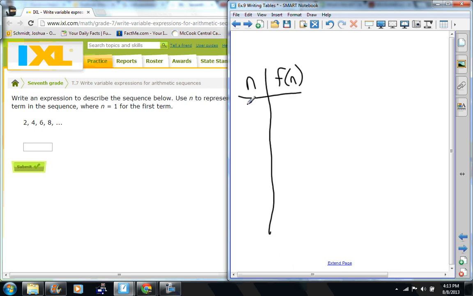So in this case, our n has to be 1, 2, 3, and 4. That stands for term. This goes 2, 4, 6, and 8. And we want to use our equation of y equals the box times x plus the box.